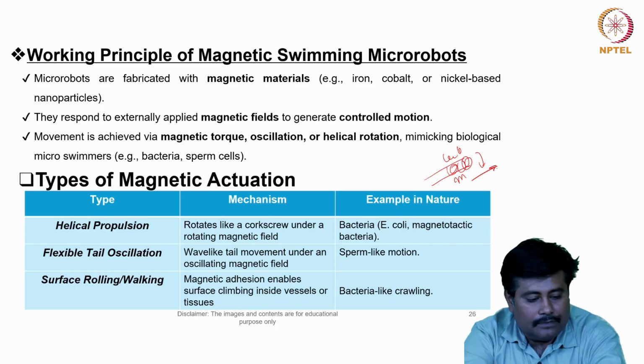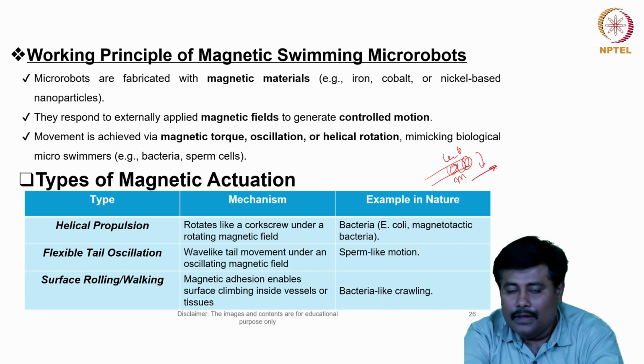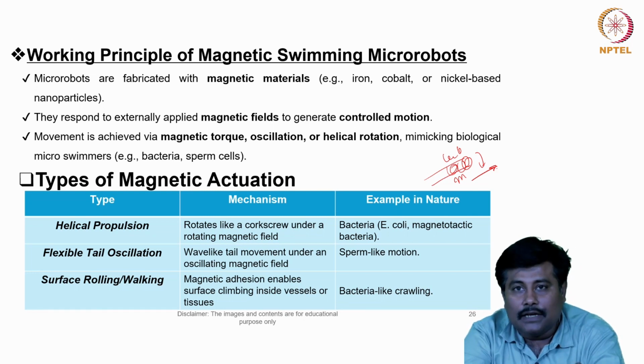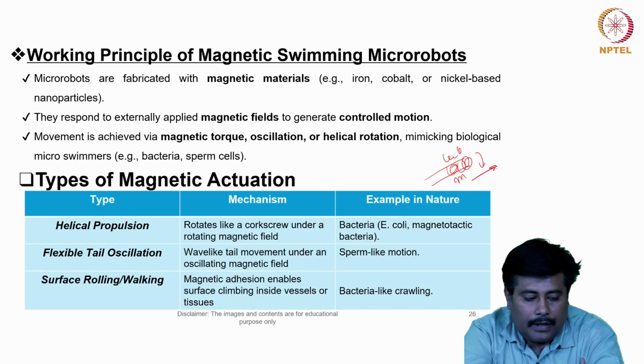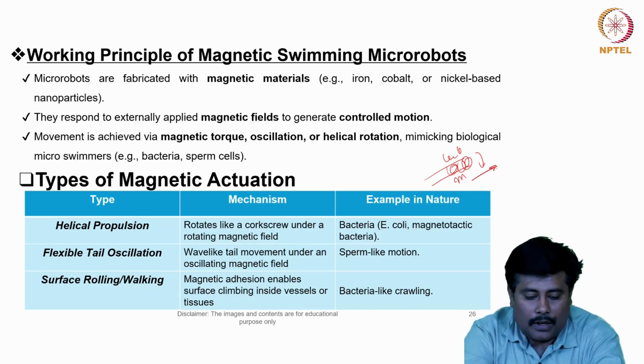Then in addition to this, we have flexible tail oscillation. As far as flexible tail oscillations are concerned, the major mechanism involves a wave-like tail movement under an oscillating magnetic field. Some examples include sperm-like motion. And then the other type is the surface rolling or walking system.